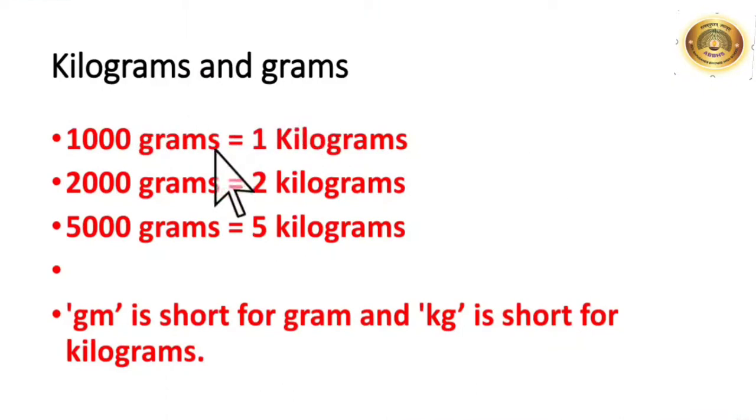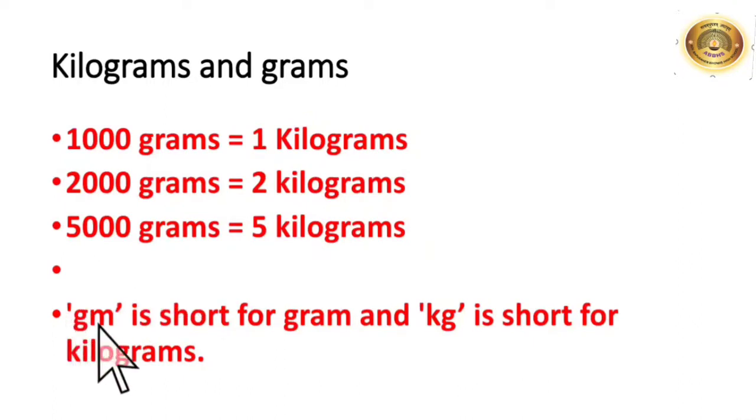Kilograms and grams. Students, keep in mind that 1000 grams is equal to 1 kilogram. Similarly, 2000 grams is equal to 2 kilograms. 5000 grams is equal to 5 kilograms.